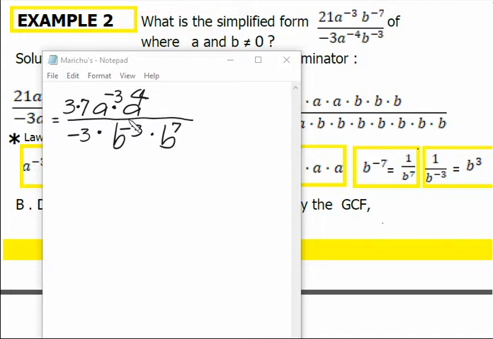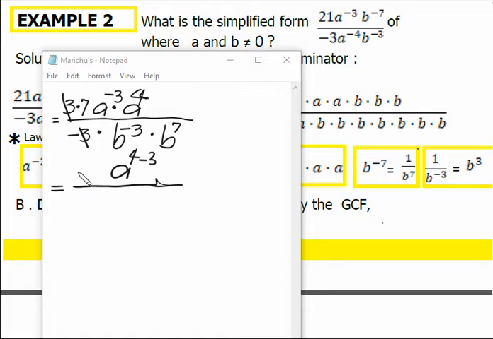Rule of thumb in evaluating exponents is that we have to add the exponents if we are multiplying. If we are multiplying a raised to negative 3 times a raised to 4, that means we have a raised to 4 minus 3, meaning we are adding the exponents. Now, before we proceed, let's cancel this out, 3 and 3 here. So there is a negative 1.